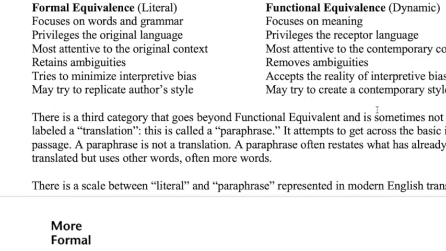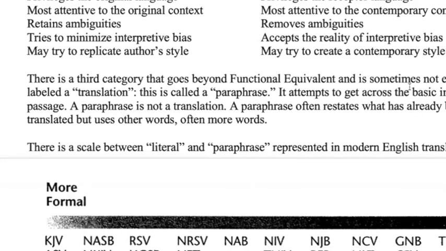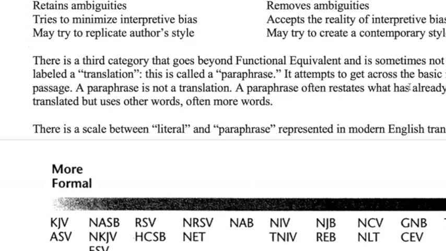If it's a literal translation, sometimes it's just very difficult to understand, so a functional translation will make it clear. It accepts the reality of interpretive bias, so there's much more interpretation involved with functional than with formal. And it may try to create a contemporary style of speaking.